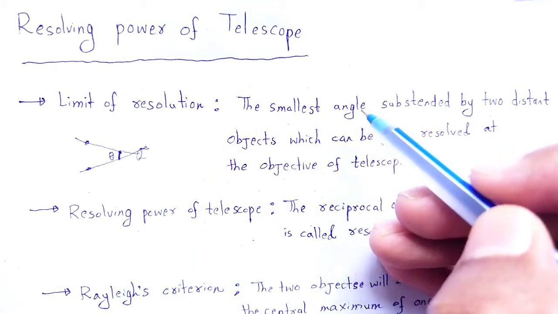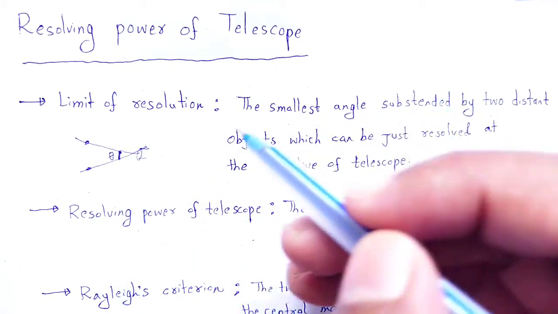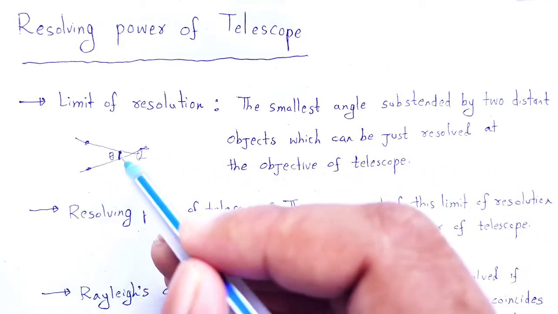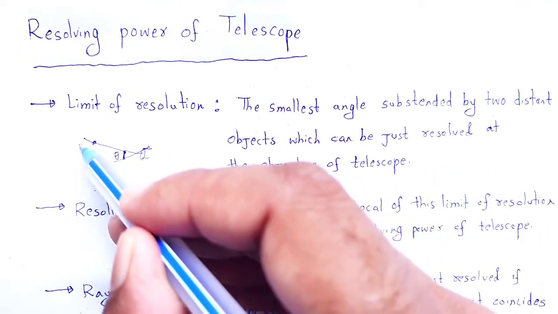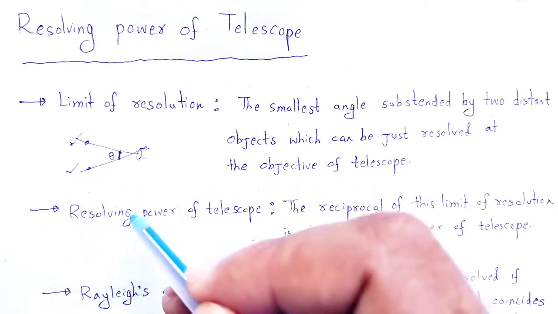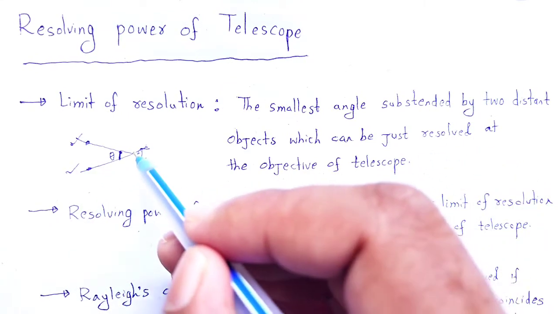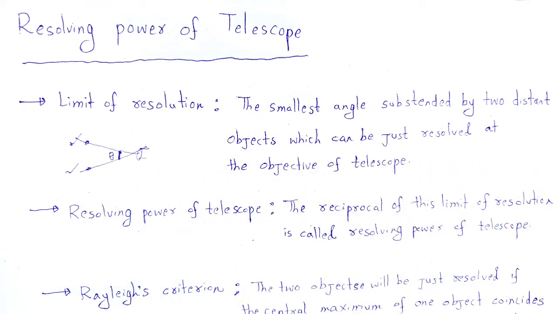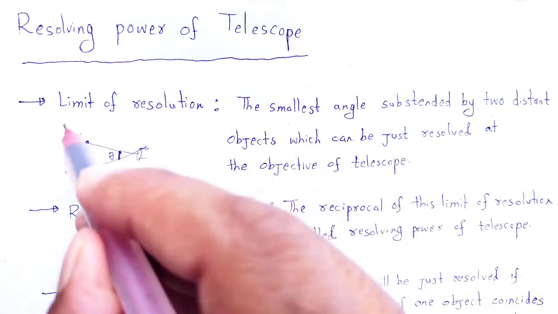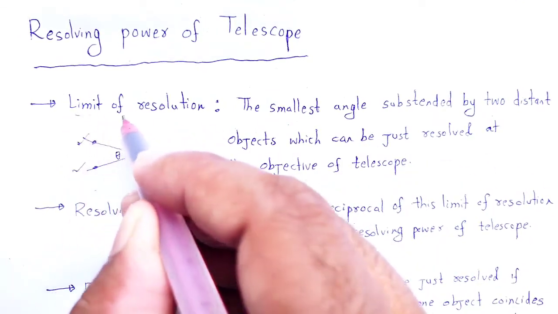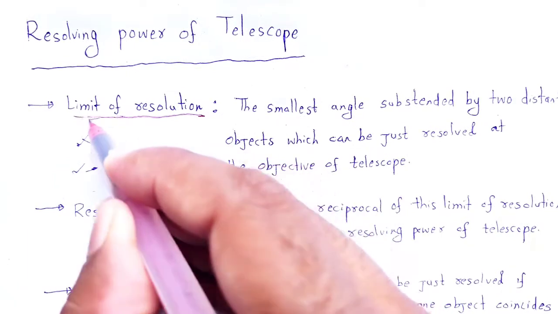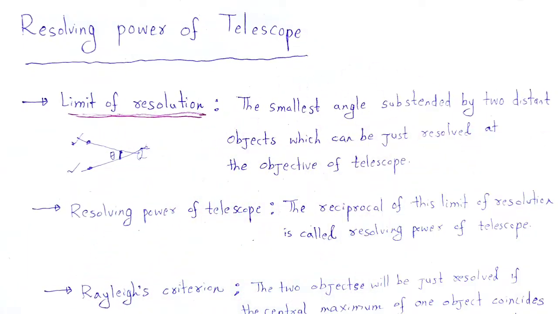The smallest angle subtended by the two distant objects which can be just resolved at the objective of the telescope is known as the limit of resolution. That is the limit of resolution of the telescope.